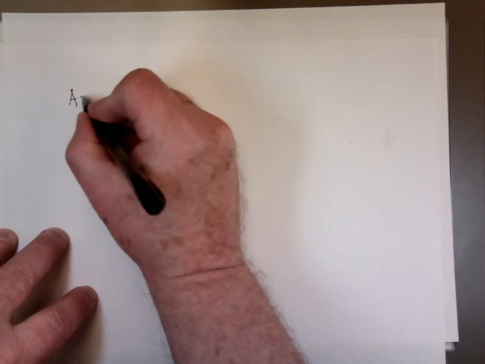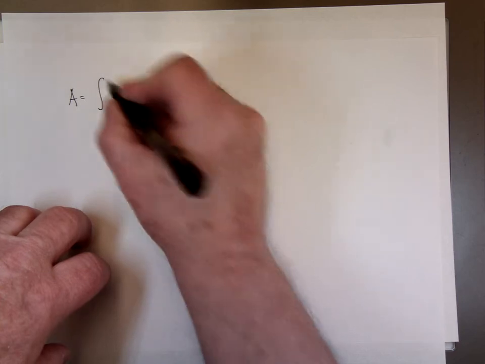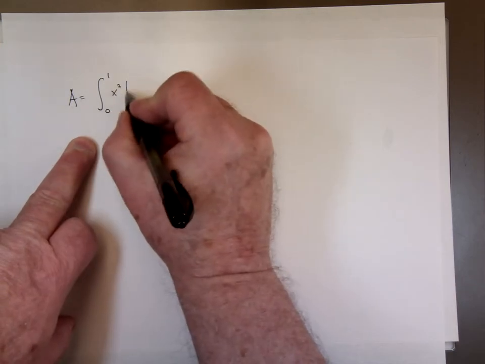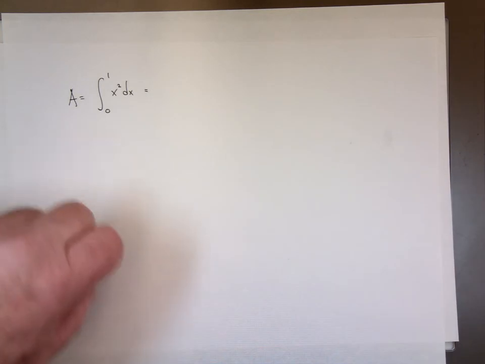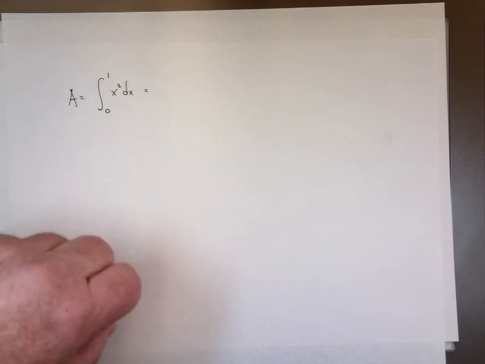We are going from 0 to 1. Those are called the limits of integration. This is called a definite integral. And the function is x squared. So this is how we can actually find it. And I'm going to prove that this integral or antiderivative does indeed give us the area.